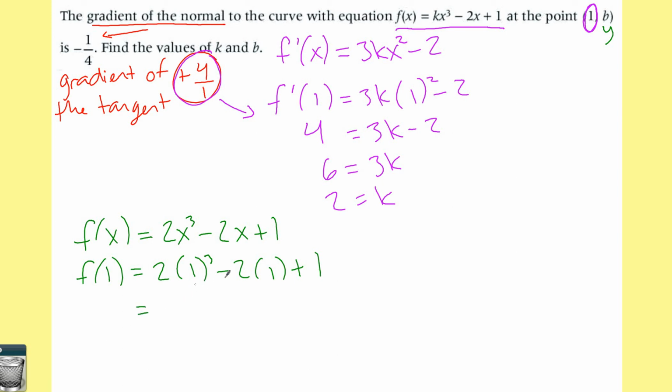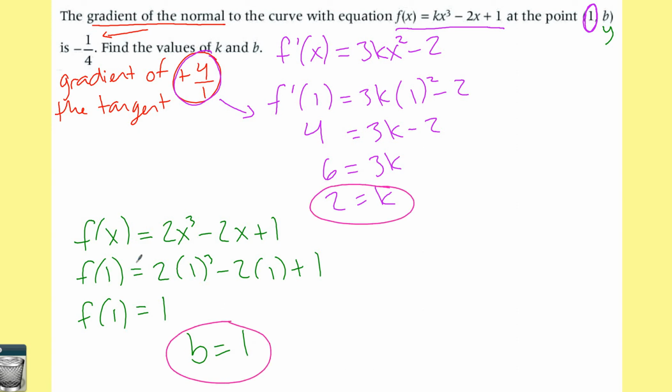So we end up with 2 minus 2 plus 1. So when we plug in 1, we actually get out 1. Coincidence, I know. So the value of b is 1. All right, again, that was coincidence. Notice how I found it: I plugged it in.